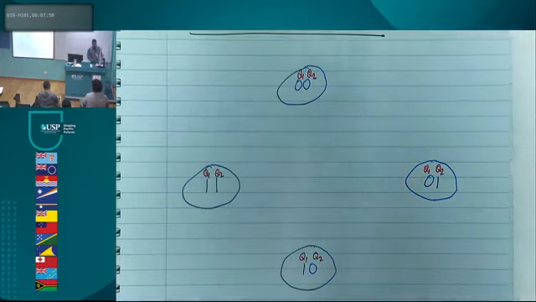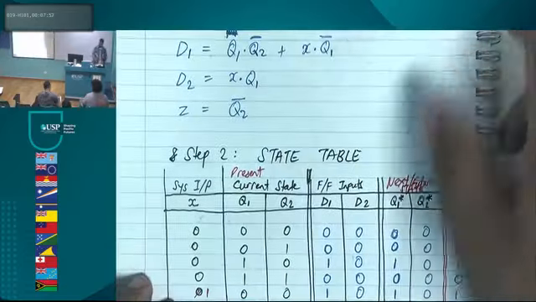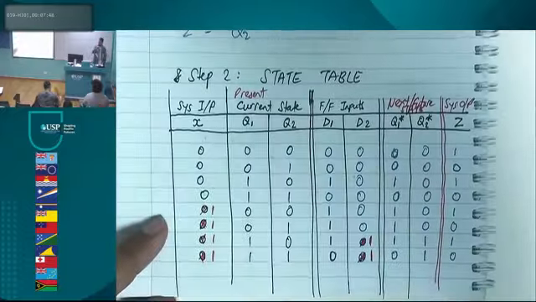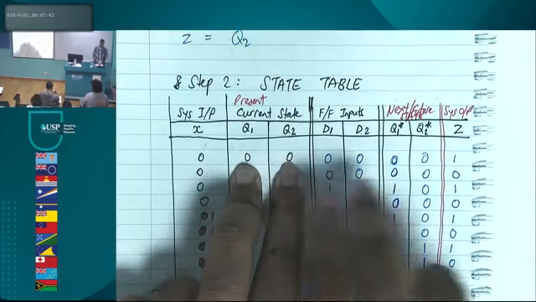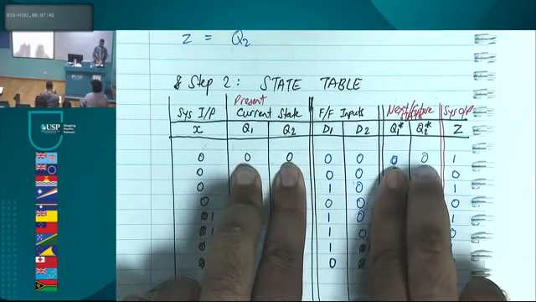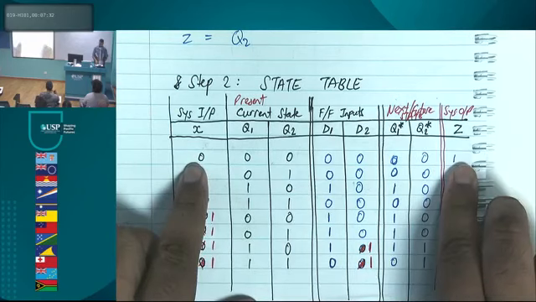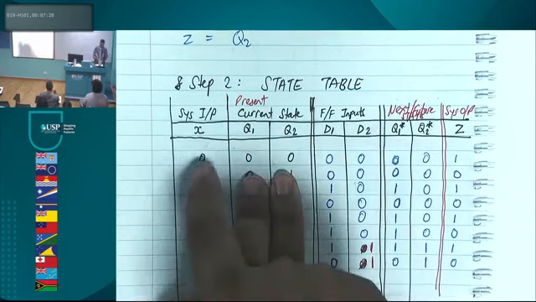All right, let's now look at this. 0 0. So we come here. 0 0 becomes what? Becomes 0 0 when input is 0 and output is 1. Okay? 0 0, when you supply it with the input 0, system input 0, not flip-flop input.